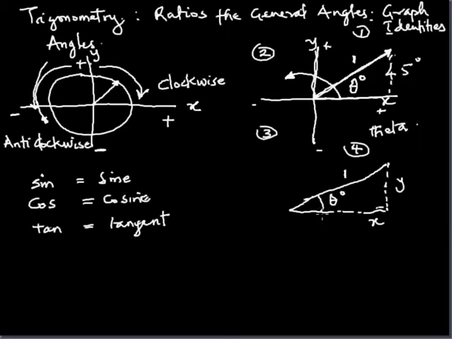So when you have y, the sine ratio is always equal to opposite over hypotenuse.